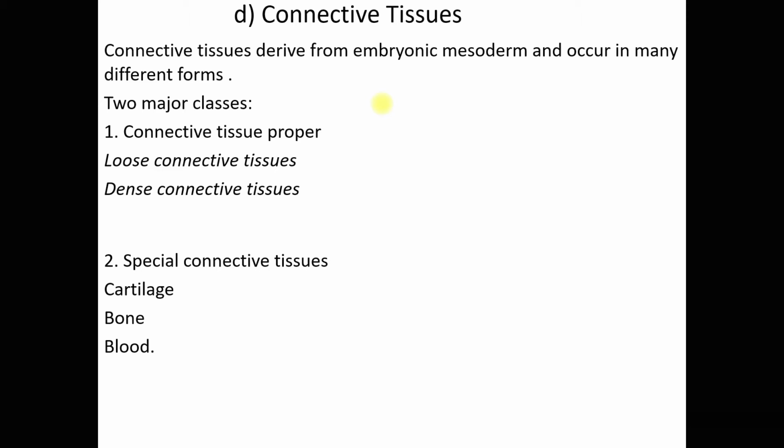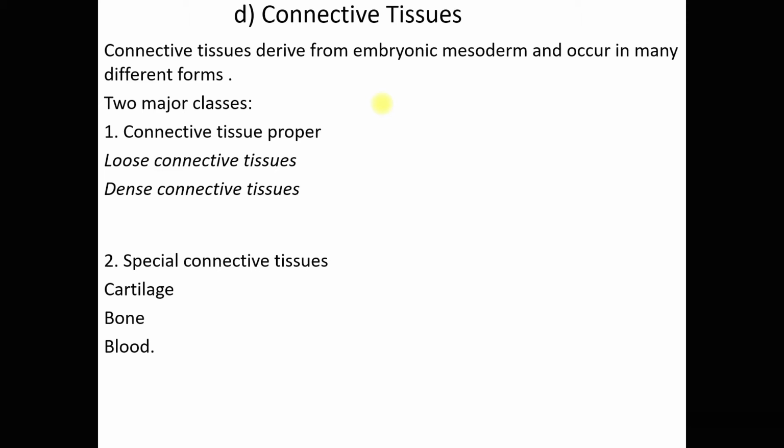Now, dalam embryonic development ni ada banyak stages, right? One of the stages of this embryonic development is gastrulation. Semasa gastrulation ni, what happens? Tiga germ layers akan dibentuk, right? And these three germ layers are the ectoderm, endoderm, and mesoderm.